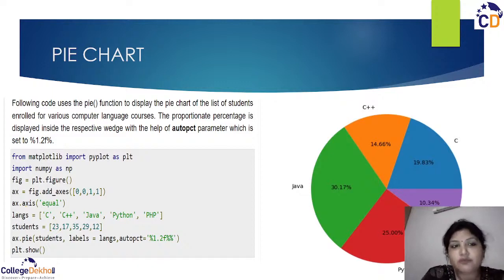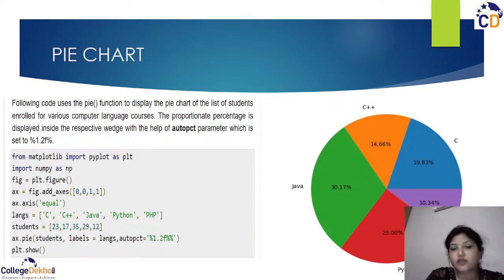The proportionate percentage is displayed inside the respective wedge with the help of the autopct parameter, which is set to percentage 1.2f percentage. For showing this, we need to call the function autopct.